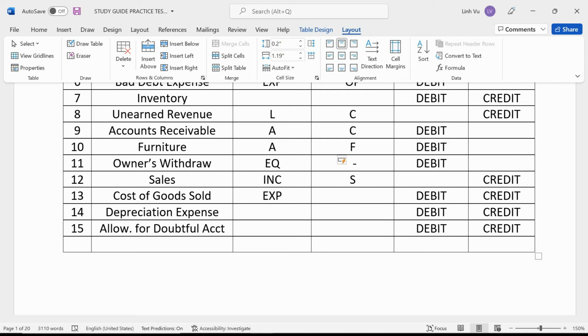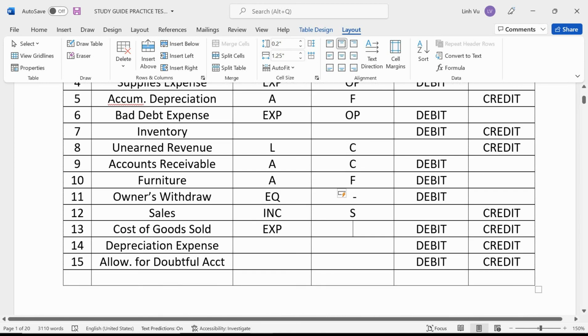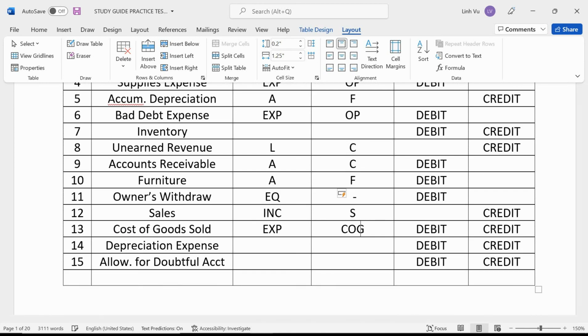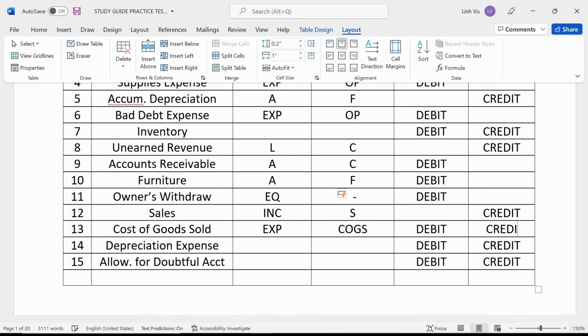Now, what kind of expense? COGS. Good. Cost of goods sold, because this is going to be directly correlated to your sales and your inventory. Now, what kind of balance would this have? Debit. Yes, all expenses will typically have debits.